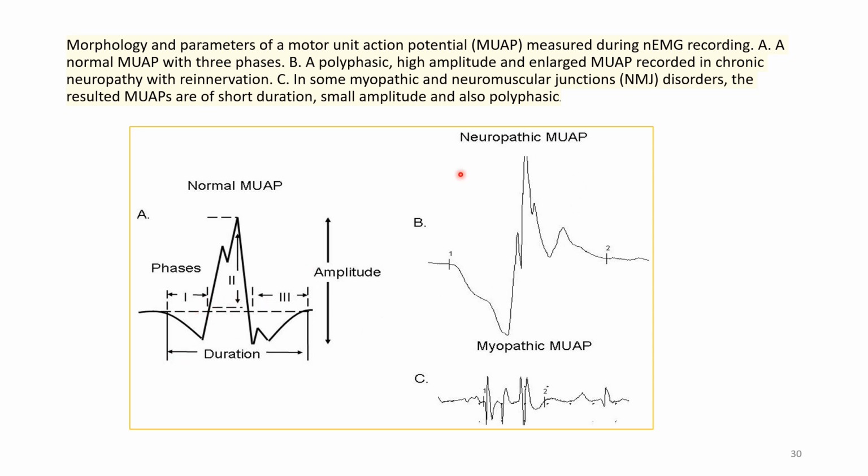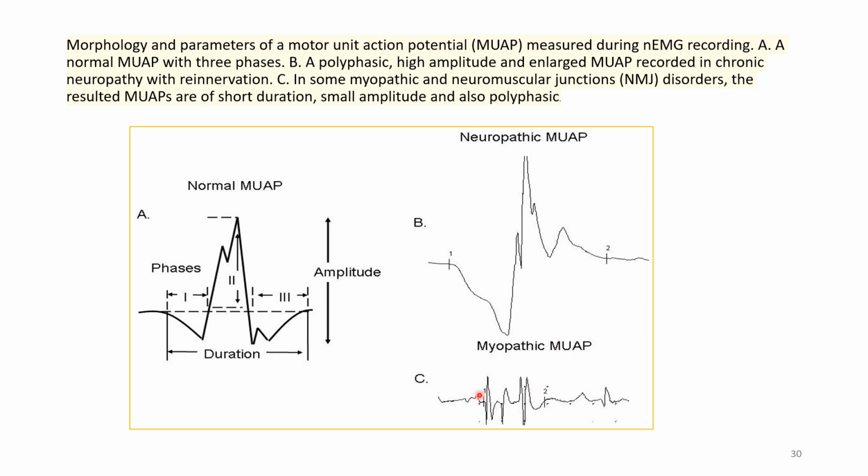So you can see neuropathic MUAP. How is it? It is showing high amplitude, and an enlarged MUAP recorded in chronic neuropathy and reinnervation. So it is a recording obtained from chronic neuropathy. The amplitude is very high. Now see this, myopathy and some neuromuscular junctional disorders.